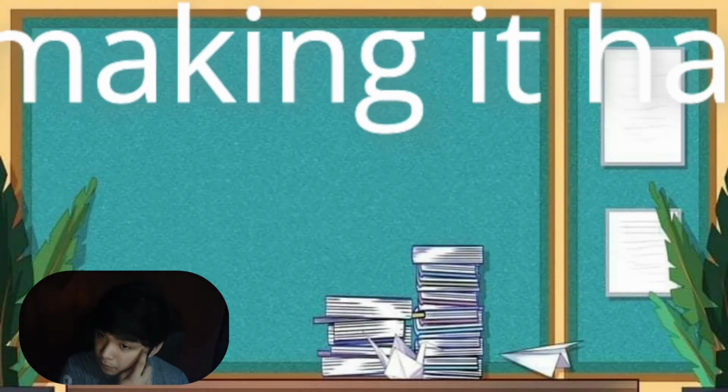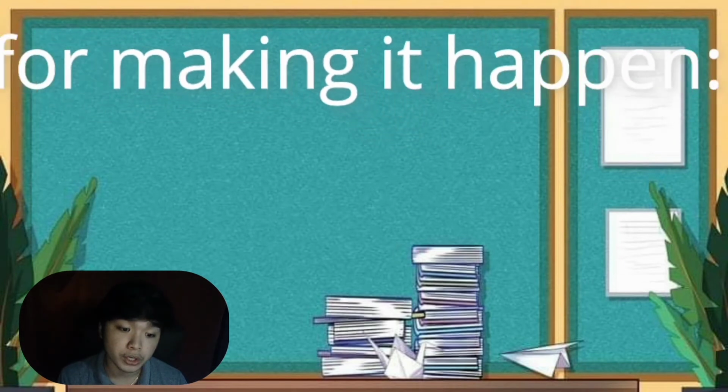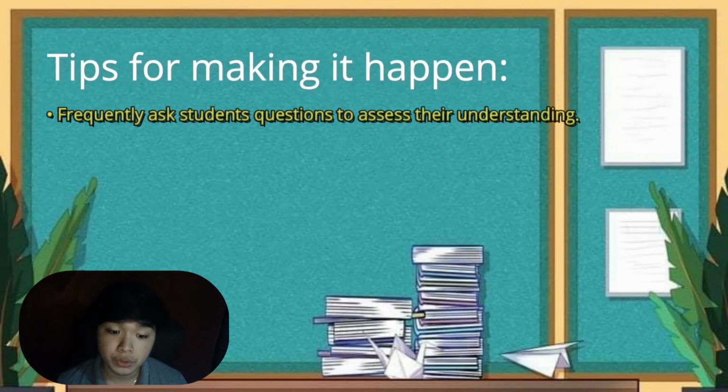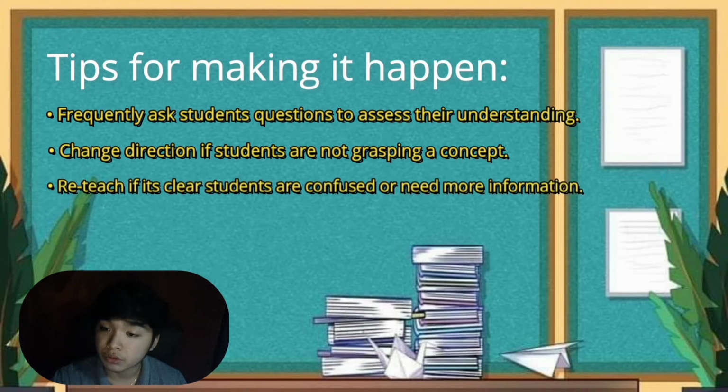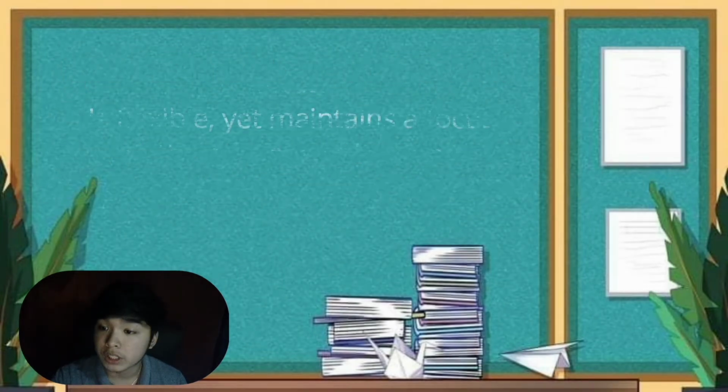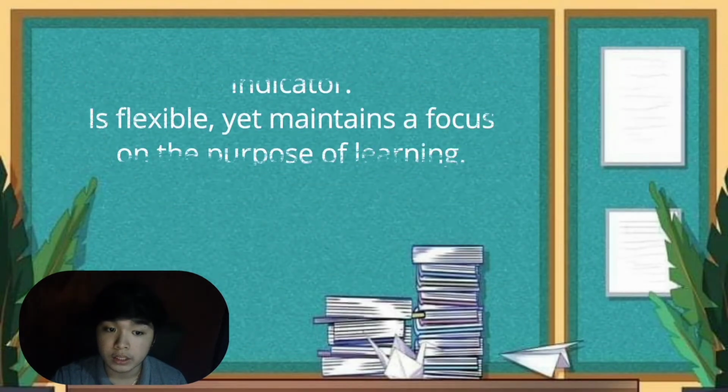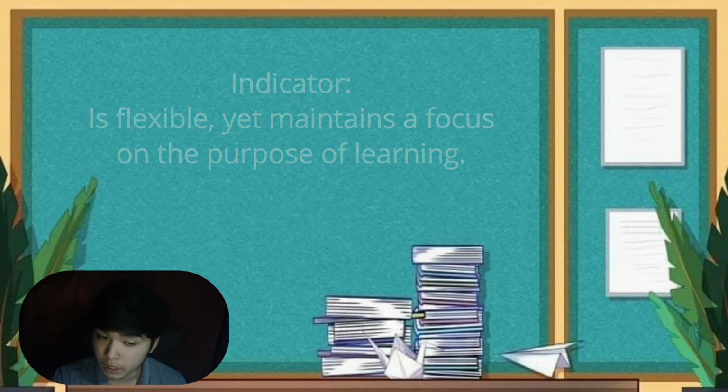There are tips for making this happen: frequently ask students questions to assess their understanding, change directions if students are not grasping a concept, and reteach if it's clear that the students are confused or need more information.